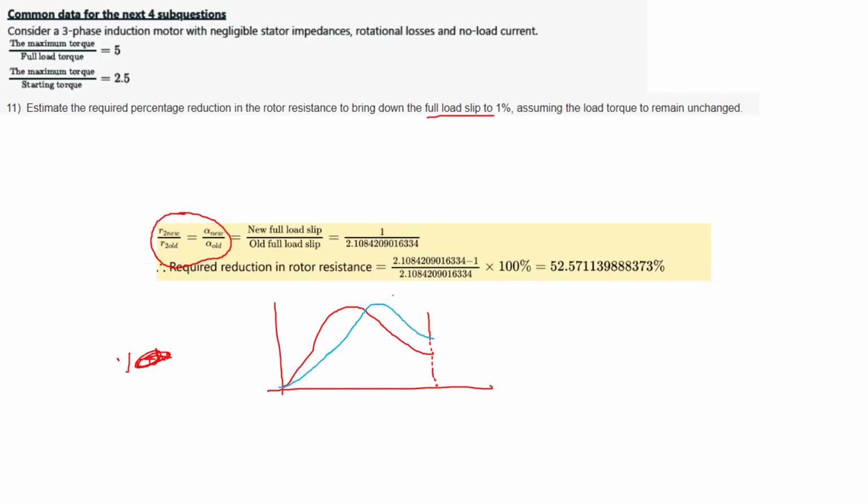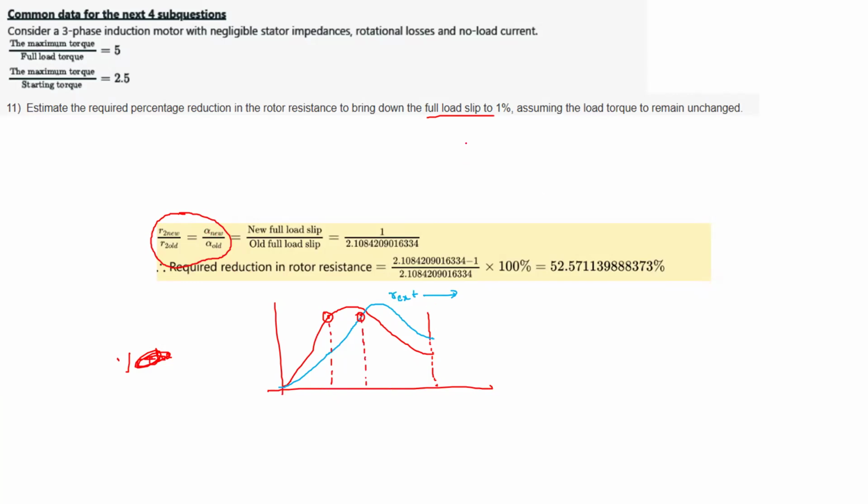we have seen that by whatever factor you change the R external, the value of the full load torque slip also changes in the same ratio. So let us say these are the two values, and this is the ratio, S new and S old.